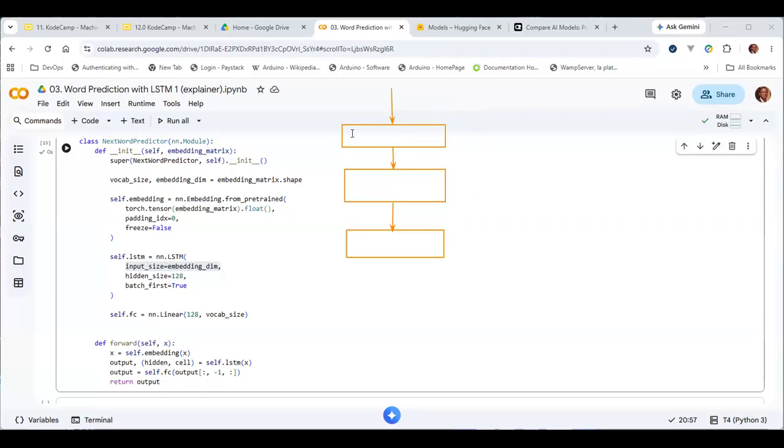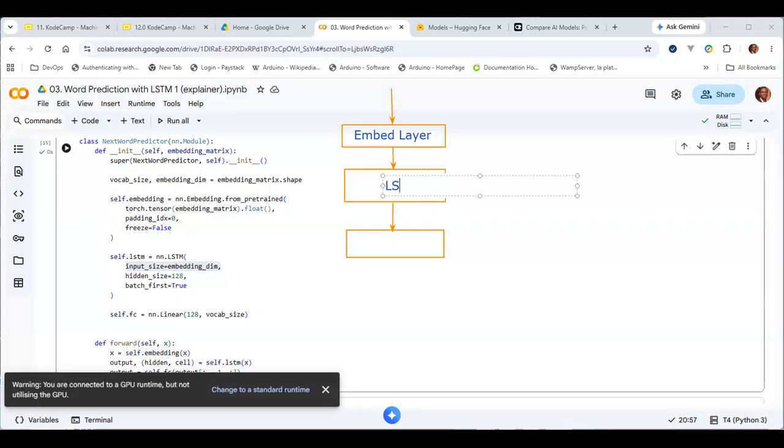The embedding layer, so let's just call it embed layer. So you have the embed layer, and then the embed layer is going to translate whatever comes in. Then you have the LSTM. So that's the architecture we have here. The LSTM will do the actual sequential processing, learning from the sequence and making sense of the sequence.